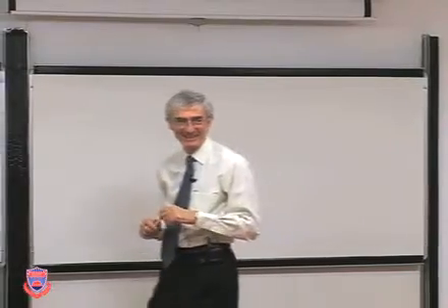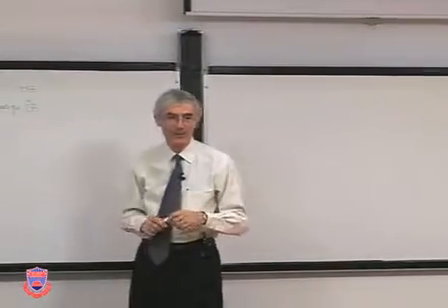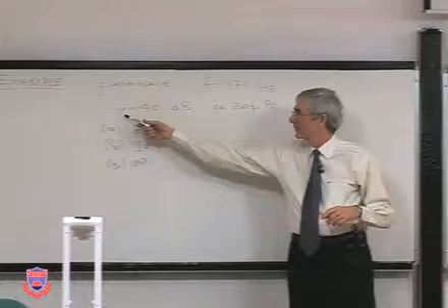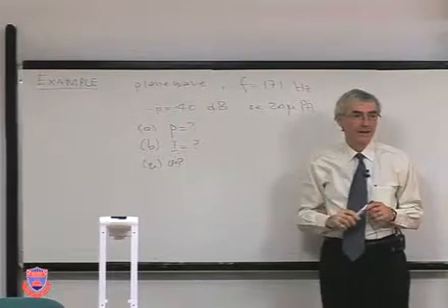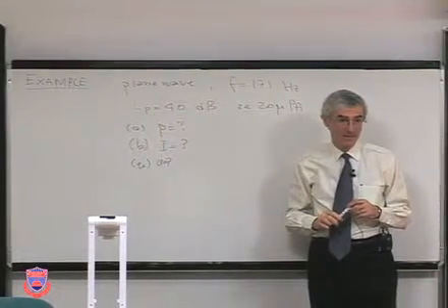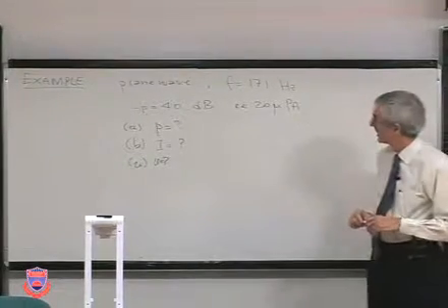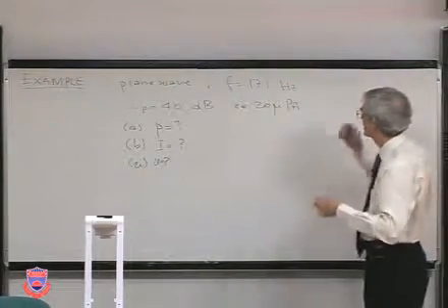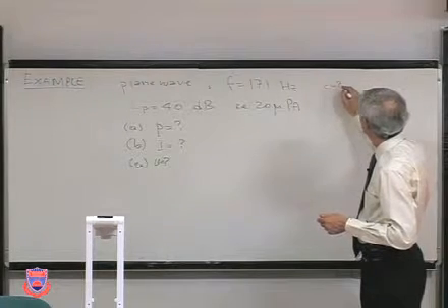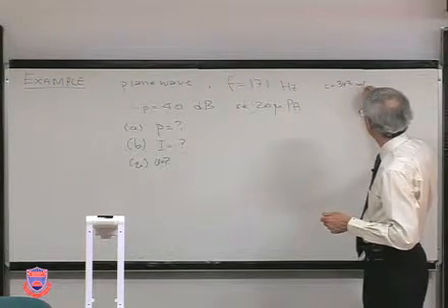Okay. You don't know everything. What is this? We can write it. Let's say this is air, 343 meters per second.